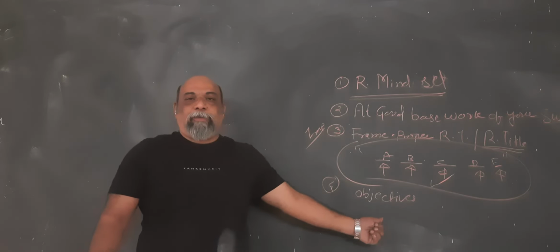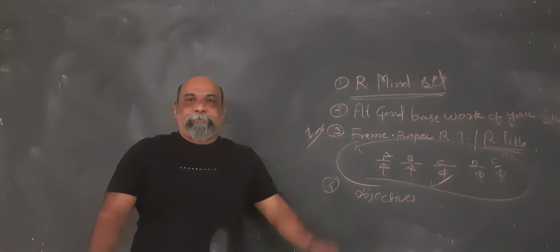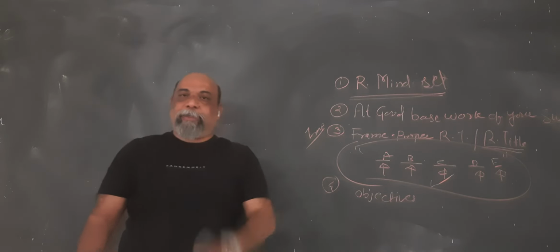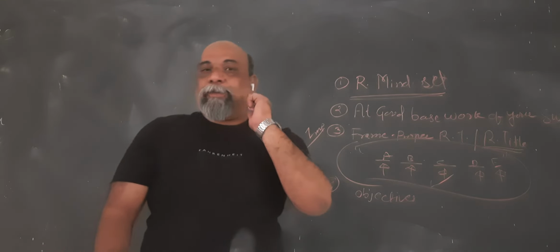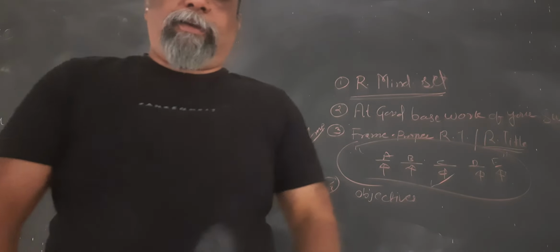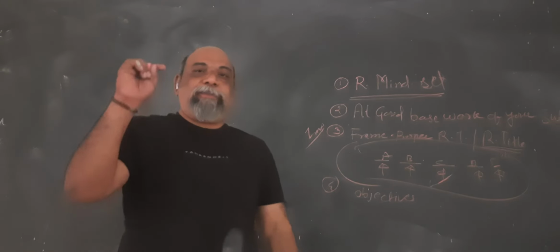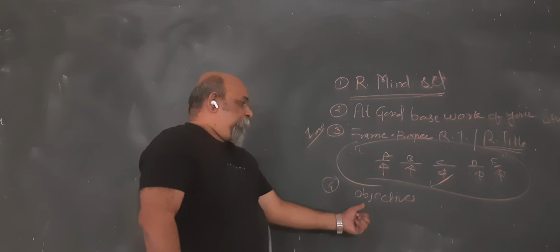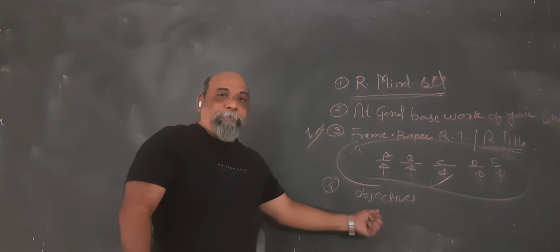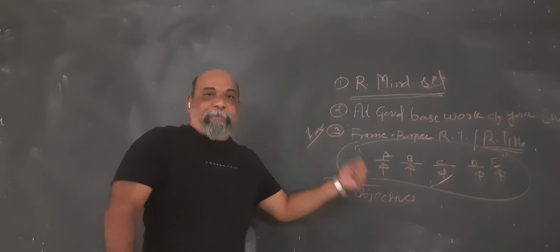See, research is always objective based. It is not subjective. It always has a purpose of a society or a purpose of a phenomenon. It is not for individual satisfaction, basically. Understood? So you need to understand what objectives are and how they have to be defined.